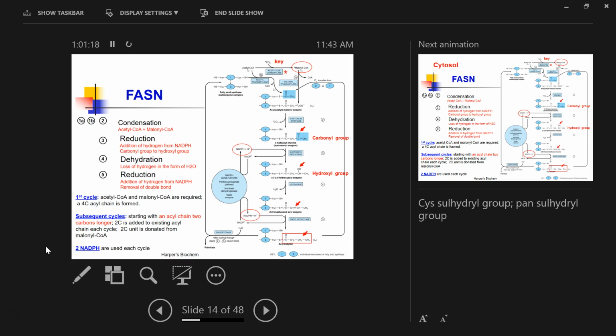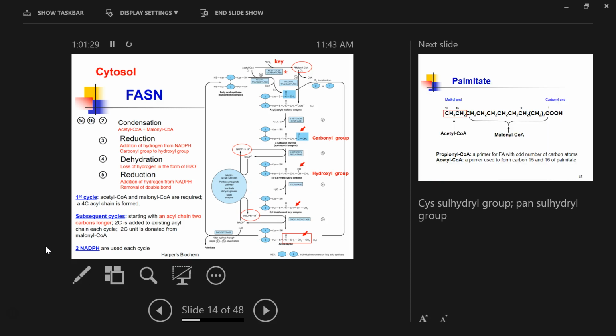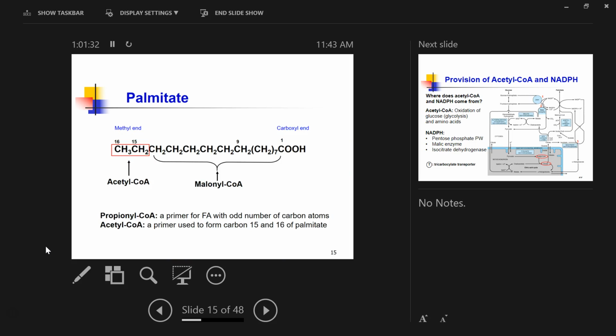In terms of numbers, how many acetyl-CoA and how many malonyl-CoA are needed, you can think about it, and we have something to talk about later. This just shows you the palmitate fatty acid molecule, with the carboxyl end and the methyl end. The methyl end, the 2 carbons, is initially from acetyl-CoA, and the rest of the carbons are from malonyl-CoA.